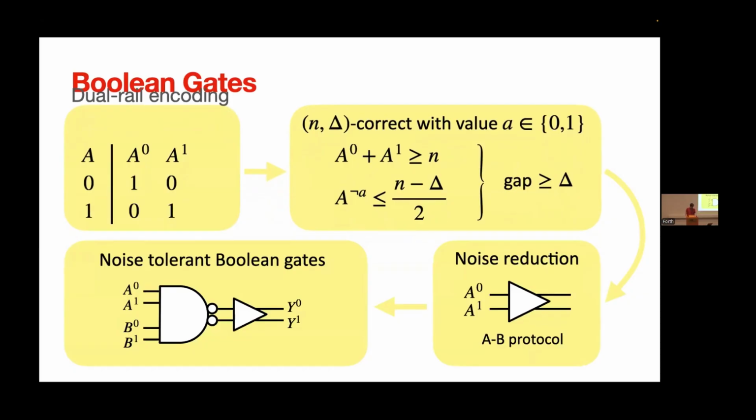Now we can build up these noise-tolerant Boolean gates where, first of all, everything is dual rail encoded. So there's only two inputs, A and B, and the output is Y. But it's dual rail, so you have 4 input lines and 2 output lines. And this triangle here on the right is our signal amplification.